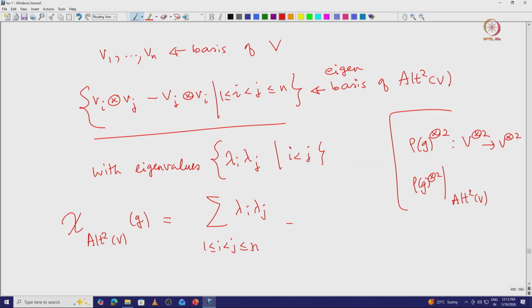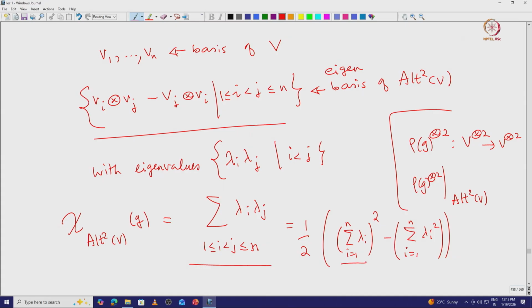Now this can be rewritten as follows. It is one half times you take the sum of all the lambda i and then square it, and then take minus the sum of lambda i square, where i ranges from 1 to n.